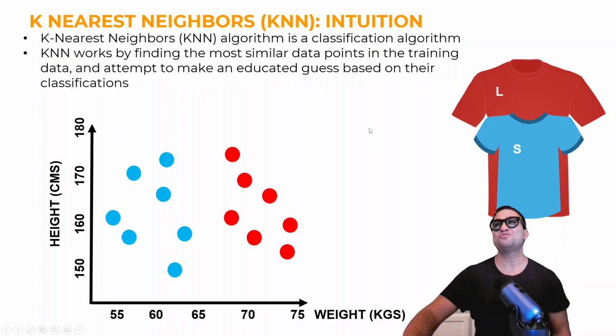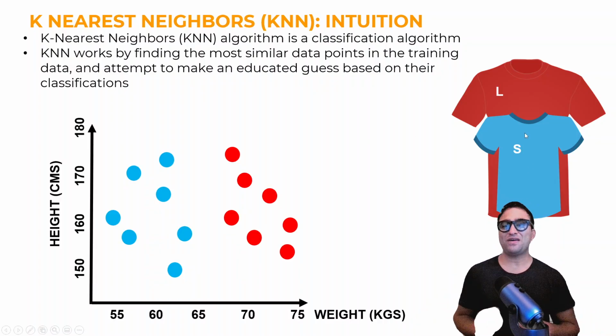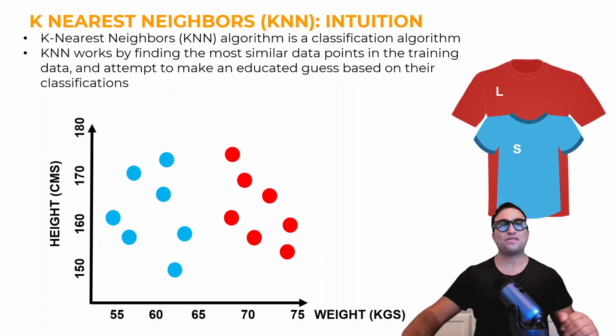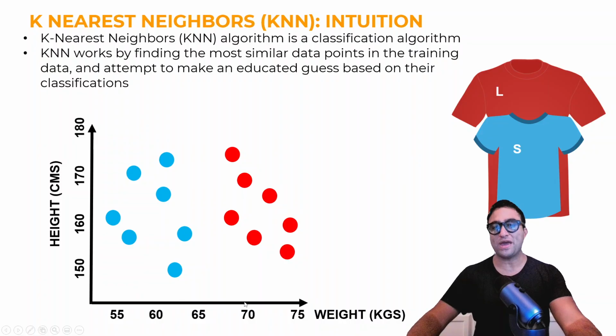Okay, so let's assume that I have two different sizes of t-shirts, either large or small. The features that I'm going to use in my data are simply the weight of a person and their height. The weight is in kilograms and the height is in centimeters. Essentially, I have two classes.